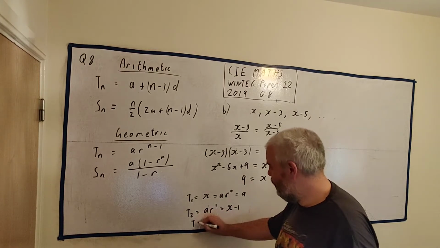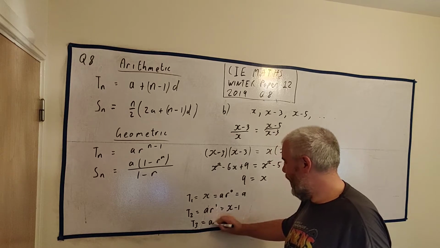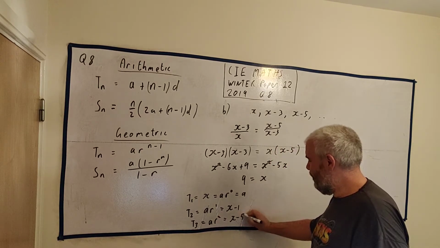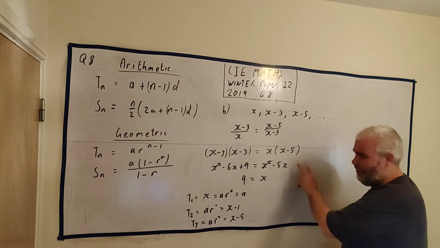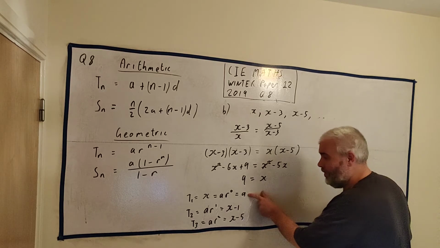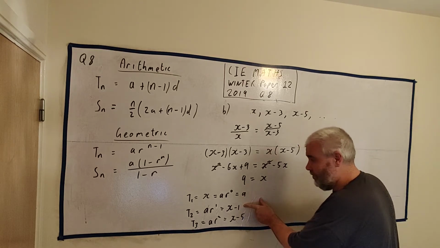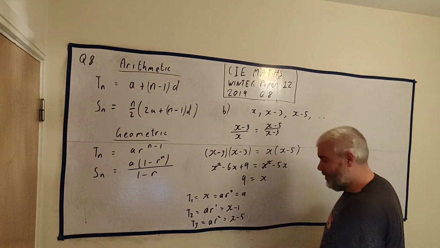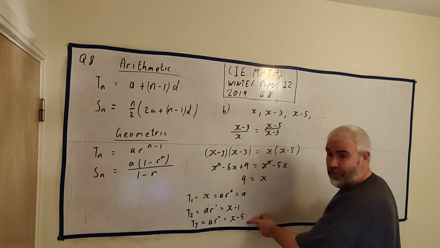But then one last one. T3 would equal a r squared, which is equal to x minus 5. I won't do it all out because we've already done the answer here. But if you solve all three of these together, basically the first one helps simplify the second one. You get r is equal to x minus 1 divided by x. And then that will help solve the last one.